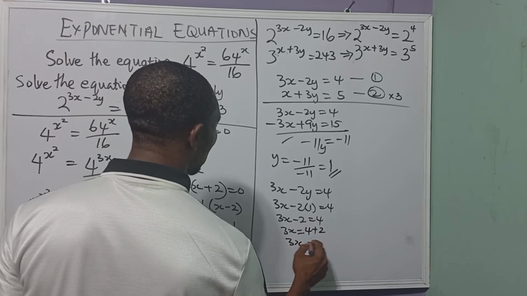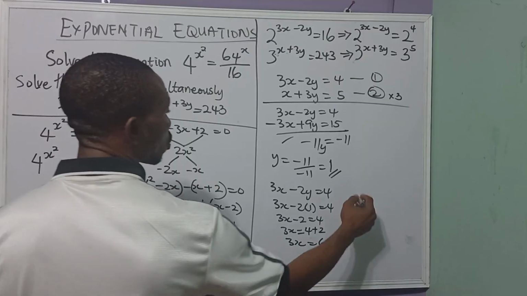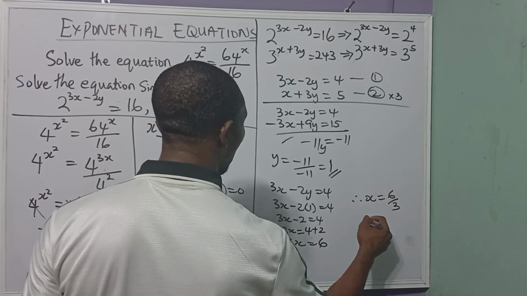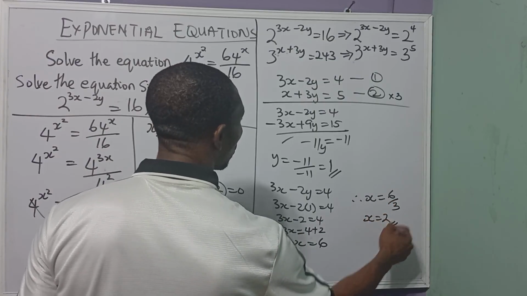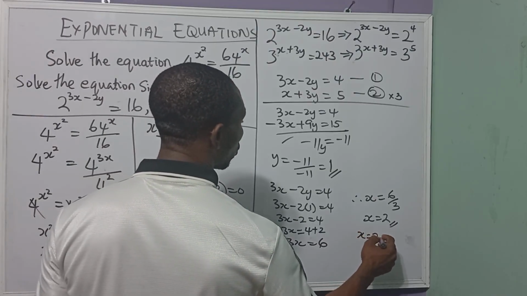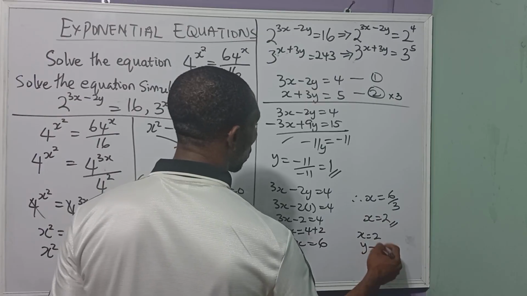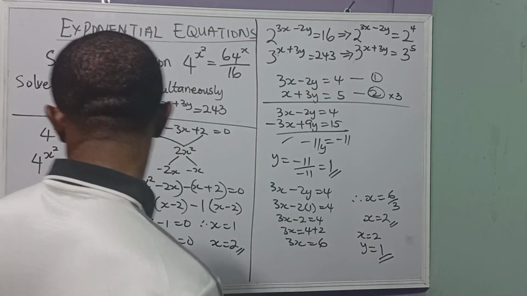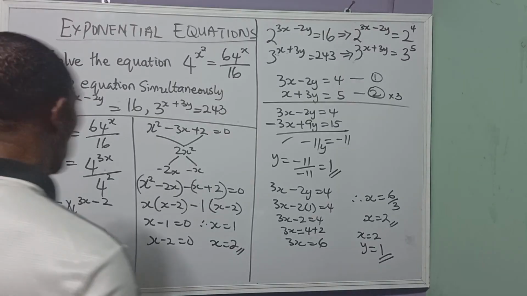So 3x equals 6. Therefore, x equals 6 divided by 3, x equals 2. So x equals 2 and y equals 1. We've solved our question simultaneously.